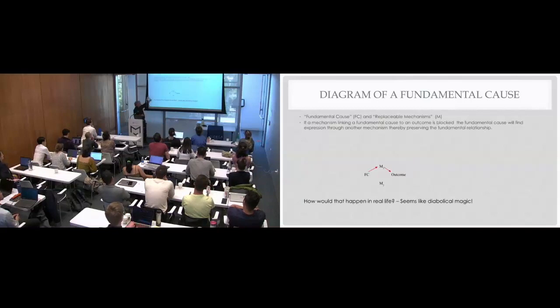The FC is the fundamental cause, the M's are mechanisms, and the idea is if a mechanism linking a fundamental cause to an outcome is blocked, the fundamental cause will find expression through another mechanism, thereby preserving the fundamental association. So if we block that mechanism, something else will come along and reproduce the association.